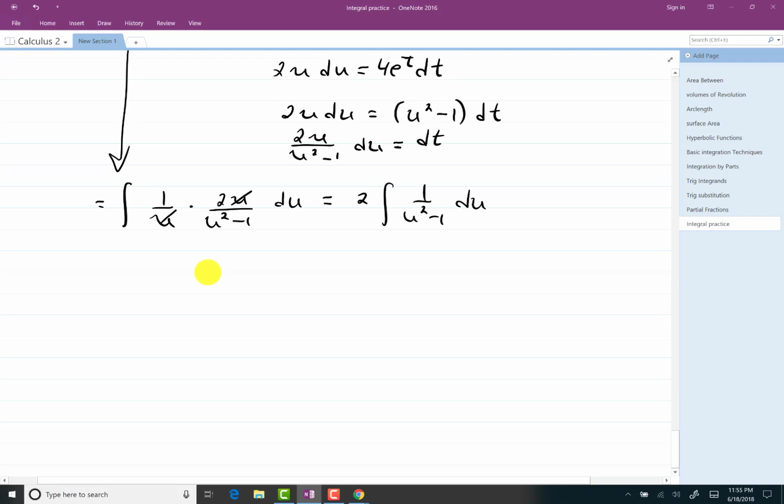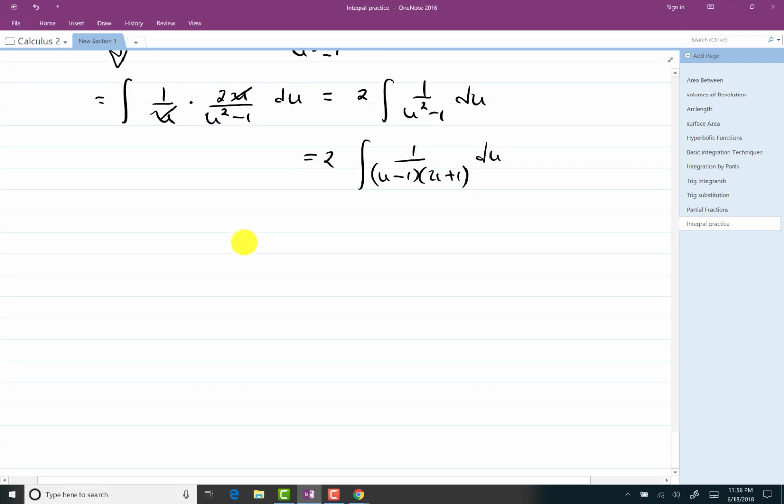And honestly, again, you could use partial fractions, which I think I'm going to do because it's so simple. If you'll remember, anything like that factors as u minus 1 times u plus 1 du. And then that, of course, changes to 1 over. Usually you want the smaller minus the bigger du.